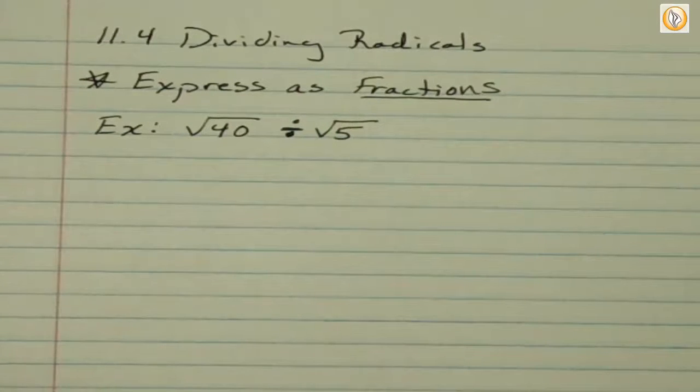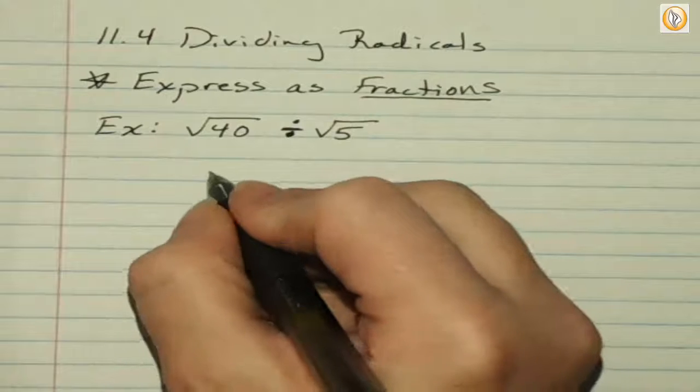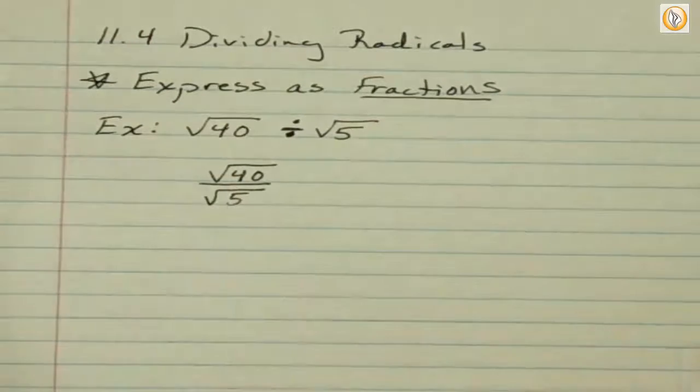Now, there are different ways of doing this, and I'm going to show you all the different ways. When dividing radicals, you have to look at it and see which is the best way to go. There's never really one set way, and I'm going to show you with all the examples. First of all, we're going to express it as a fraction: the square root of 40 over the square root of 5.